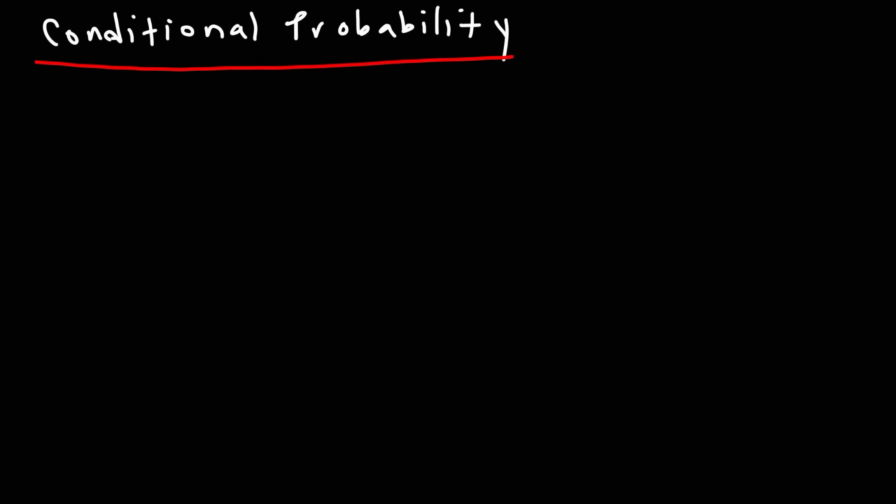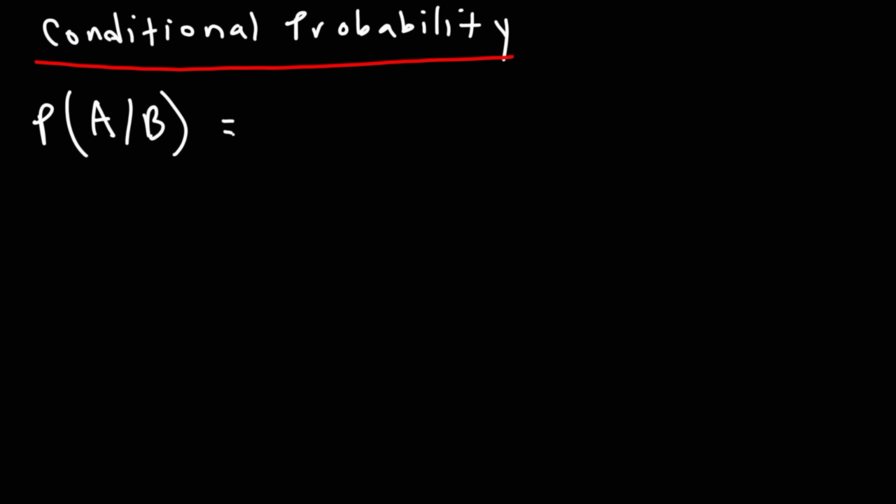Now let's talk about conditional probability. What is conditional probability? In this video, we've talked about it, but I haven't really described it as conditional probability. You've seen it already. This is the probability of event A occurring given that event B has already occurred.